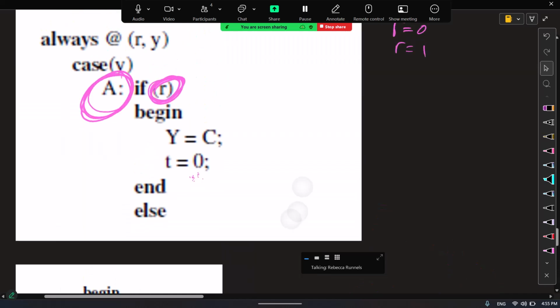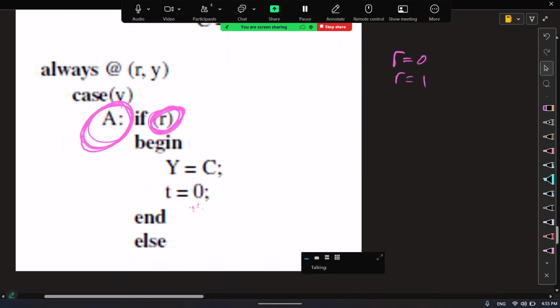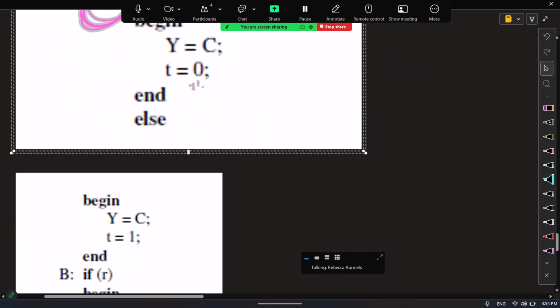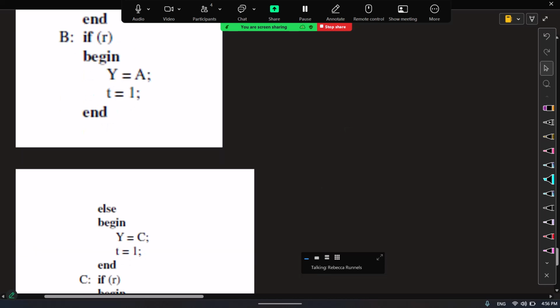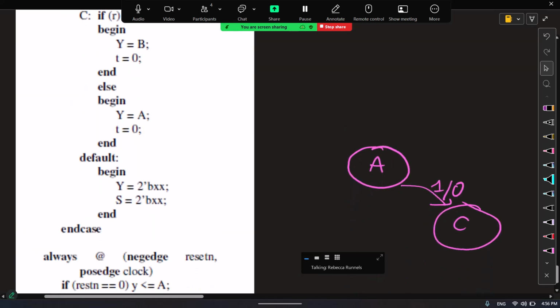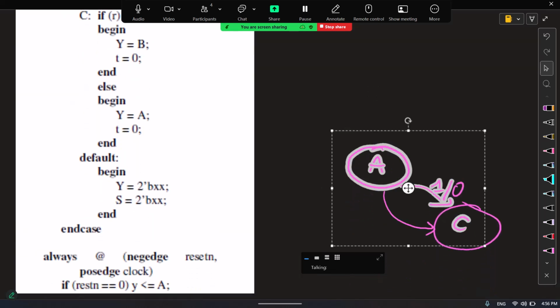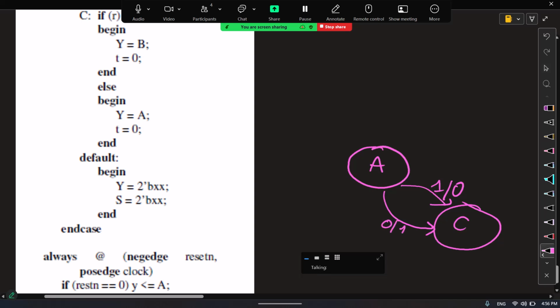Else, so this is if R is 0, the state is still C, but output is 1. Output is 1. To the same next state, with different outputs.